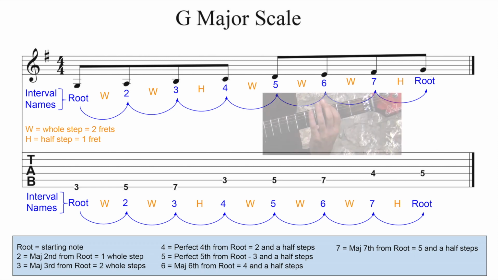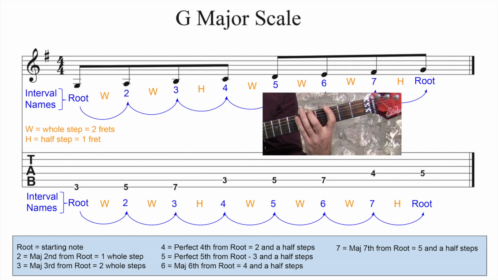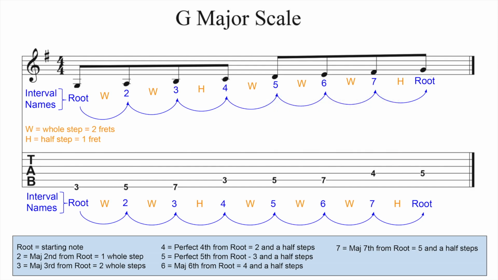So start from G, go up a whole step to A, another whole step to B, a half step to C, a whole step up to D, another whole step to E, yet another whole step to F sharp, then a half step getting back to G.